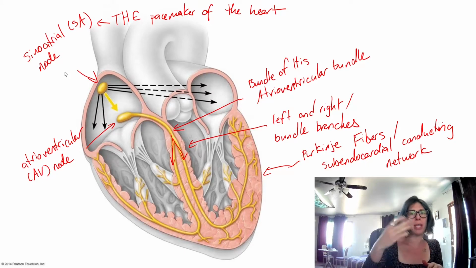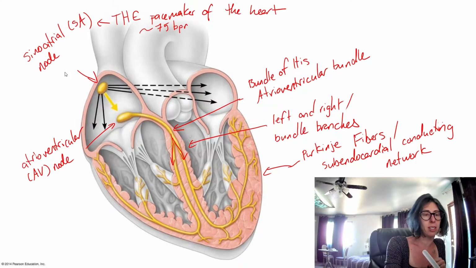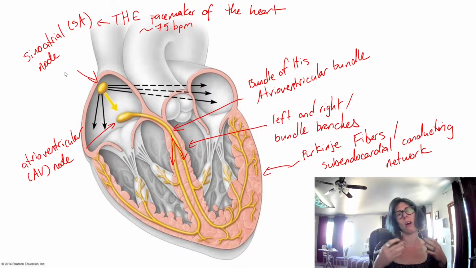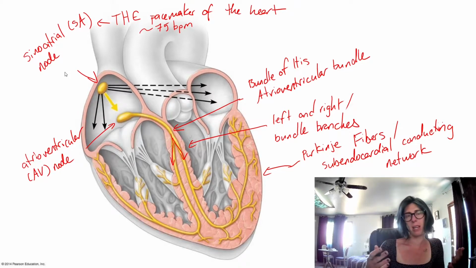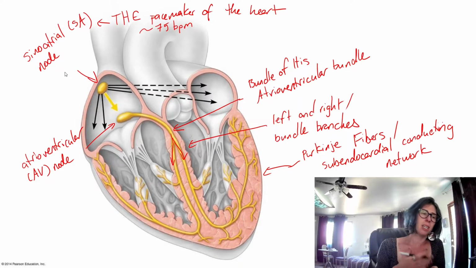It generates action potentials in a rhythmic fashion at around 75 beats per minute, give or take. Our nervous system can modify that heart rate, so it's not always exactly the same. Like when you're exercising or you're scared or you're relaxing, your heart rate will be modified by your nervous system. But the base rate is set by the Sinoatrial node at 75 beats per minute.